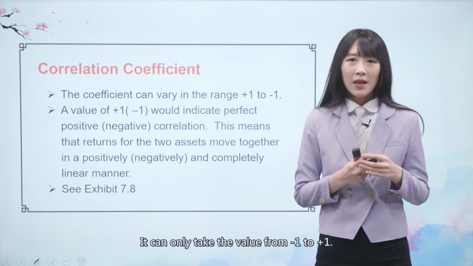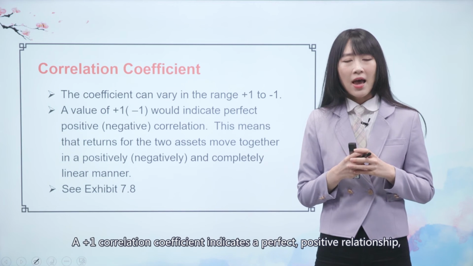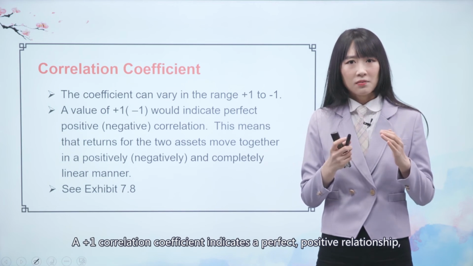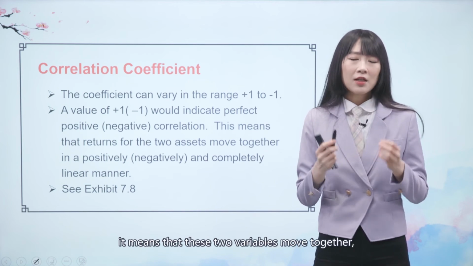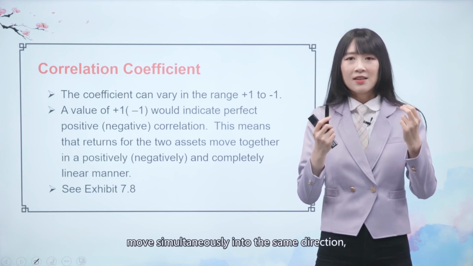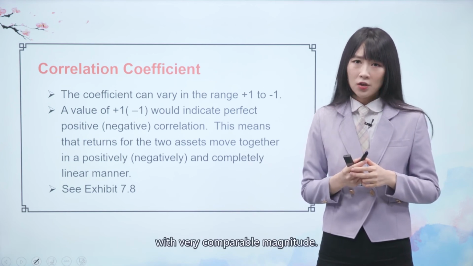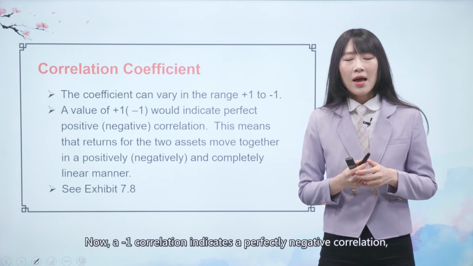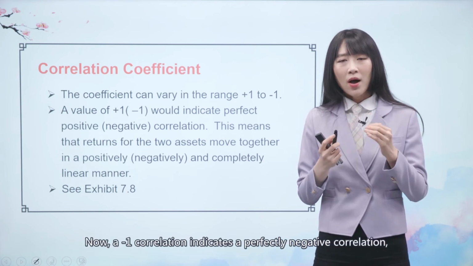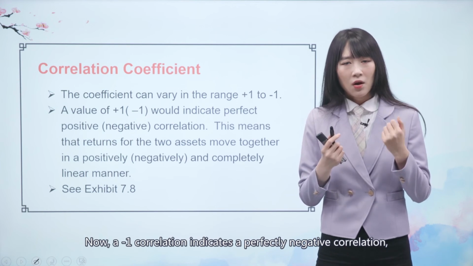Now, a +1 correlation coefficient indicates a perfect positive relationship. It means that these two variables move together, simultaneously in the same direction, with very comparable magnitude. A -1 correlation indicates a perfectly negative correlation.